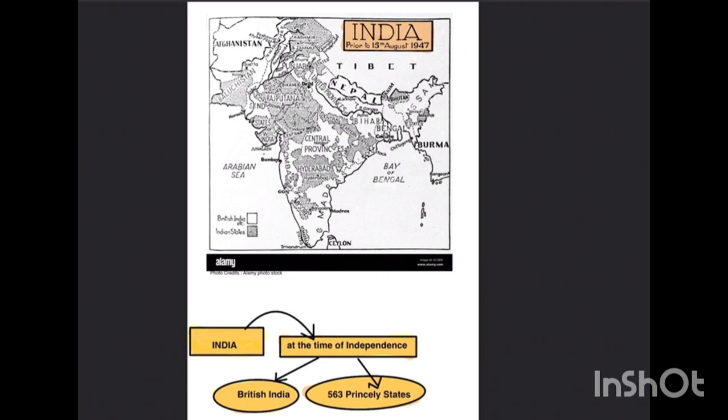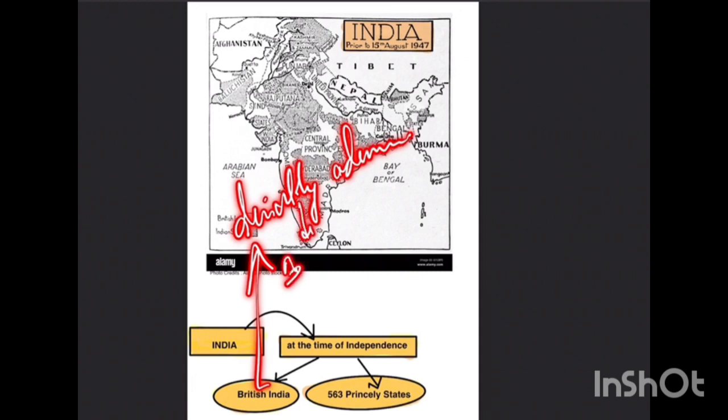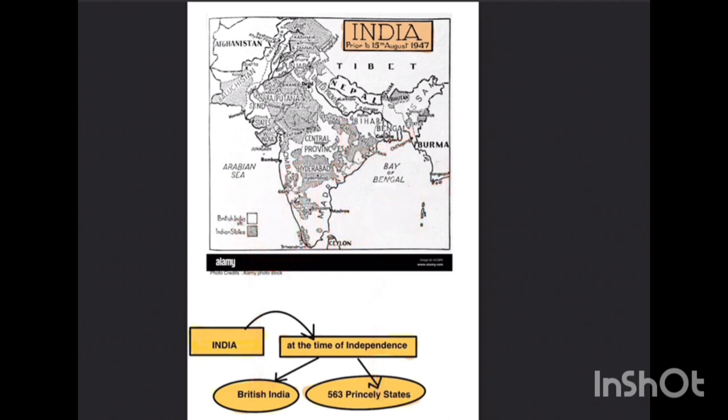Let's turn the clock to 15th of August 1947. At that time, India consisted of British Indian provinces and the princely states. The British Indian provinces were directly administered by the British Empire, while the princely states were under British paramountcy.